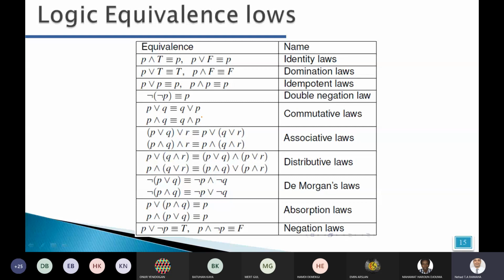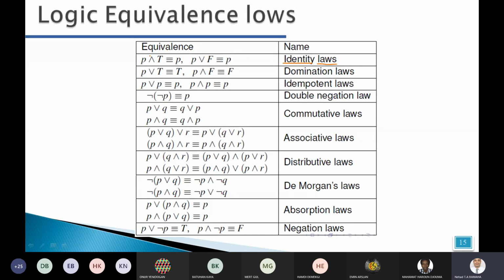Now we have these laws. I think most of these laws are very famous in mathematics, even in normal mathematics. Some laws come from logic; maybe you don't know them before, but some I think are already familiar to you. We have this identity law.